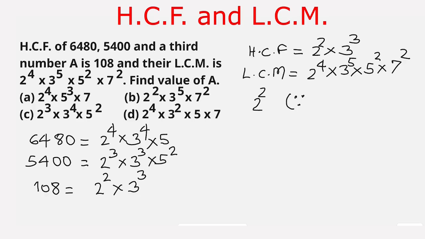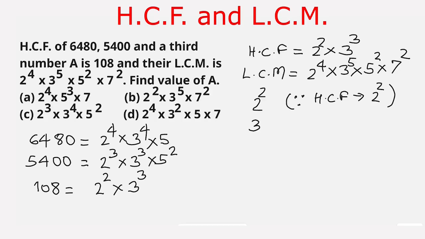As HCF has 2 to the power 2, because it has to contain the least power of all common factors, and as the two numbers 6480 and 5400 have 2 to the power 4 and 2 to the power 3, but HCF has 2 to the power 2, it means that 2 must be a common factor in all three numbers and the power should be the least, which is the power in HCF. So it must have 2 to the power 2.